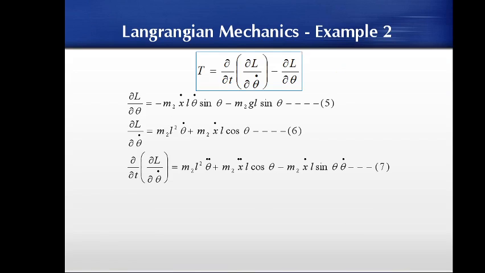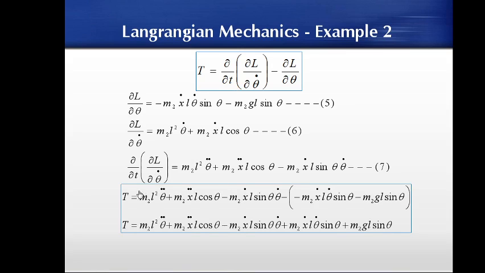Now we have the three basic equations which are necessary for substituting in the expression for torque. On substituting these expressions, from equation number 7 and equation number 5, I will be getting T is equal to m2 L square theta double dot plus m2 x double dot L cos theta minus m2 x dot L sin theta into theta dot. That is the term for dou by dou t of dou L by dou theta dot, minus this term.